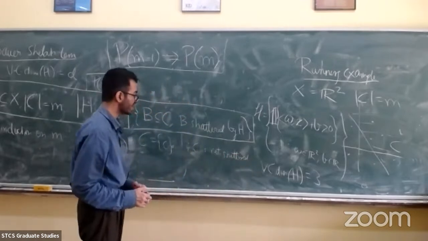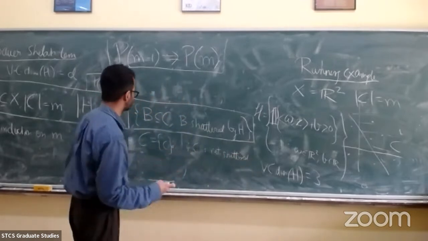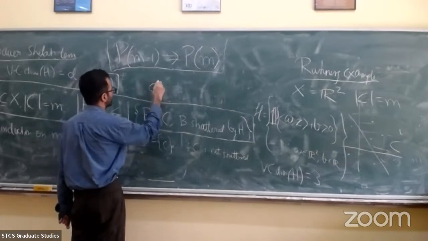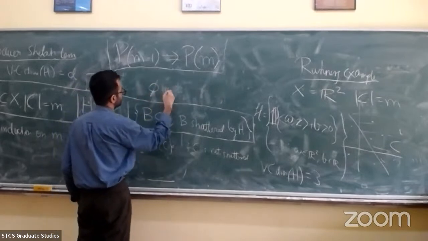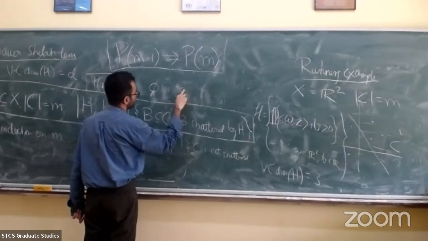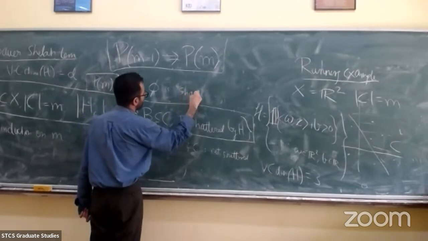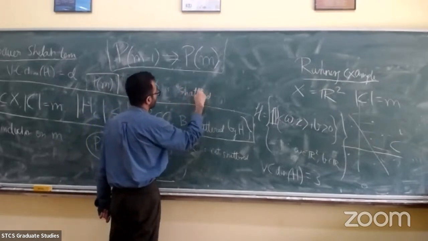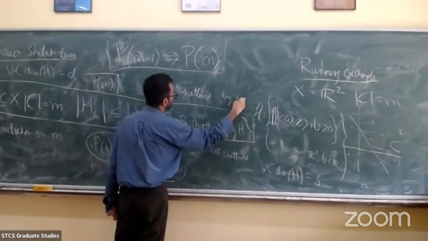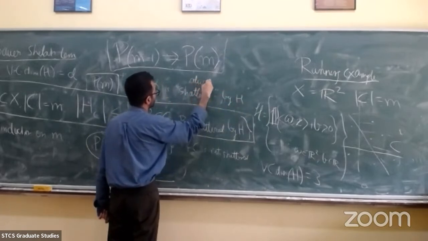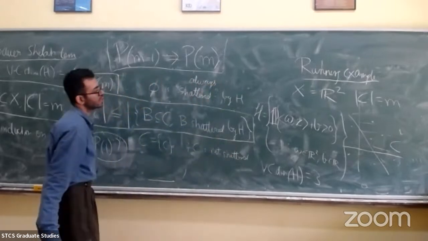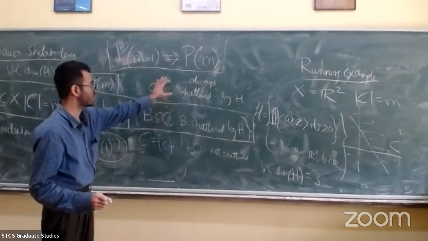By the way, we assume that the empty set is always shattered. So let's assume that the empty set is always shattered. This is just something we assume for convenience.